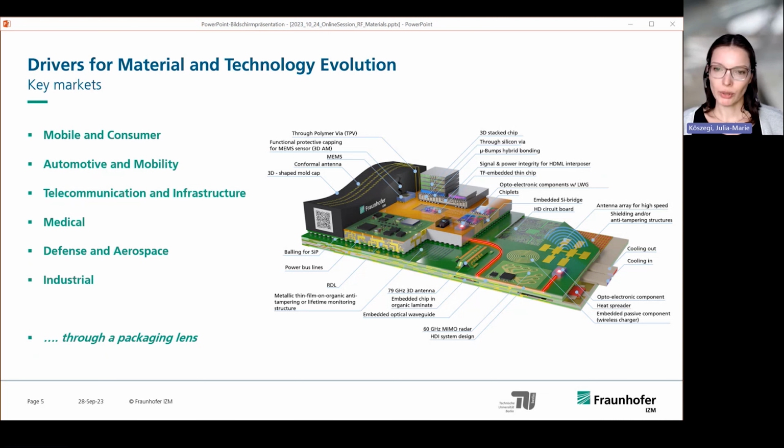And from our point of view, there are 2 main drivers, and one is telecommunication. I will show some material on that, and I will put some information on materials for automotive radar, because for us, these are the 2 main drivers, while of course the other markets are relevant as well.